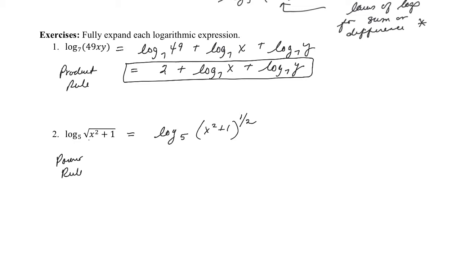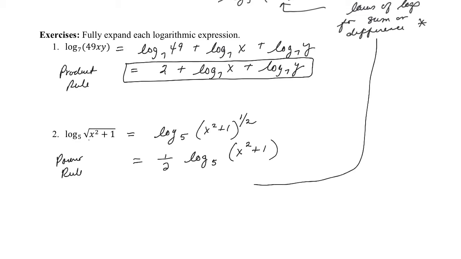So now the power rule tells me I can bring that exponent down front. So this is 1/2 the log base 5 of x squared plus 1. And again, I'm done. There are no rules for sums or differences, so that cannot be split apart. This is fully expanded at this point.